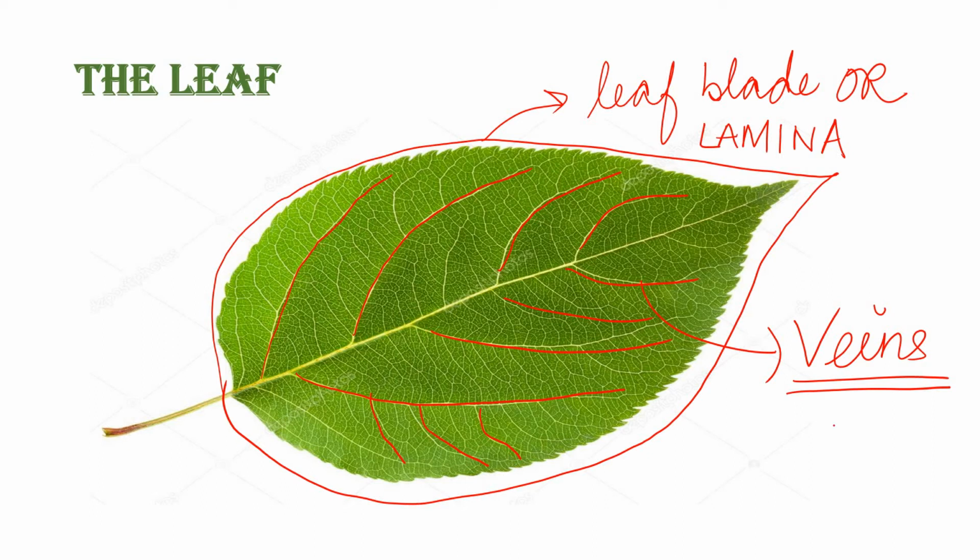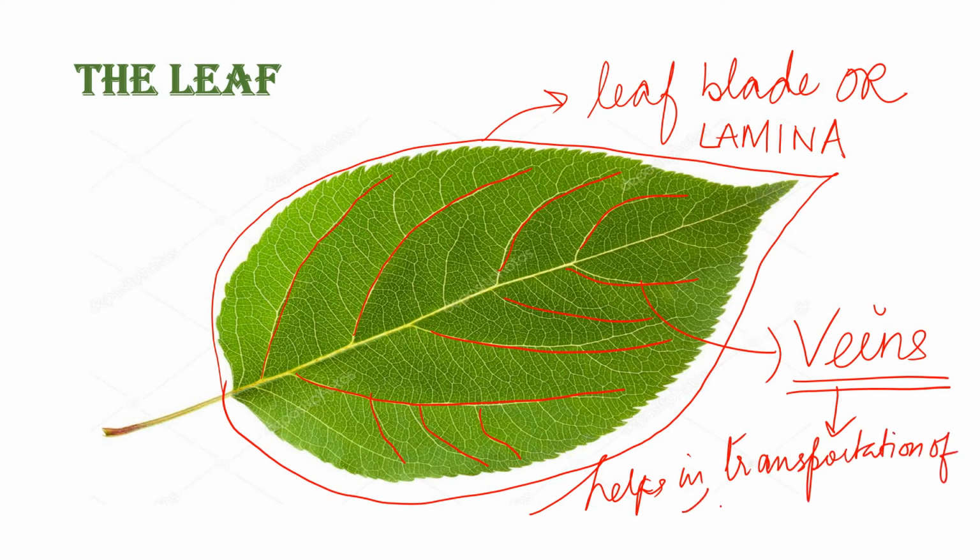What is the role of the veins? Veins help in transportation of food and water in the plants. So we have the veins, and then we have the midrib.